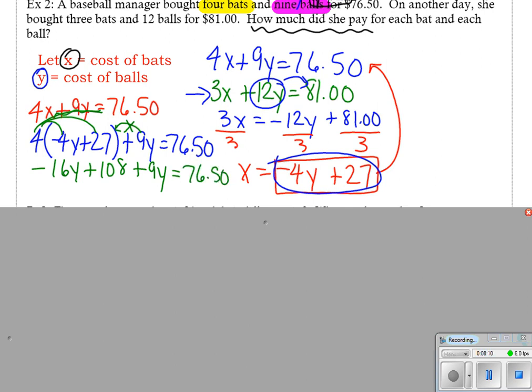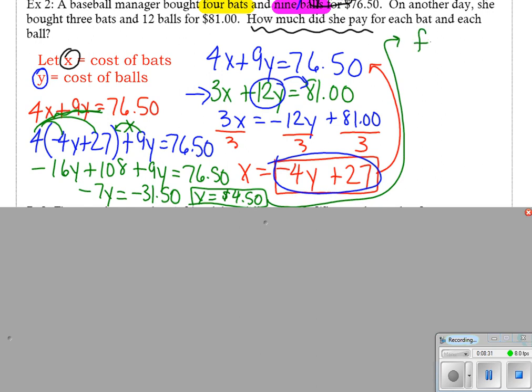Combining like terms, I wind up with negative 7y equaling negative 3150. Solving for y, y equals $4.50. Okay, not too bad. Now I want to find my x using one of the original equations.